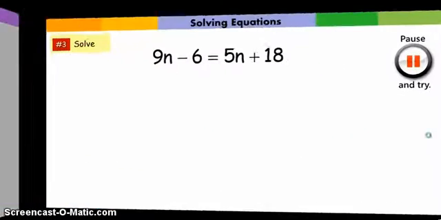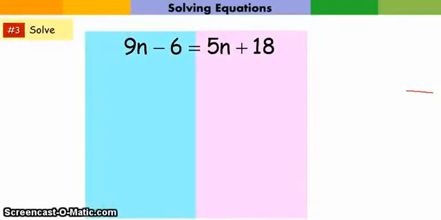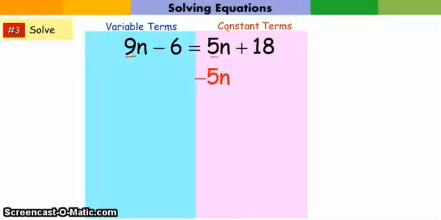Okay. Why don't you guys try this one? Okay. Again, I'm going to be picking my sides here, and I see that 9 is larger than 5, so I'm going to collect my variables on the left side and my constants on the right. I always go about moving my variables first off the constant side, so I'm going to get rid of this 5n by subtracting 5n.